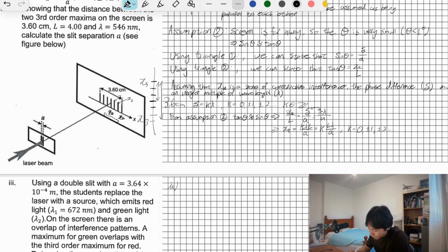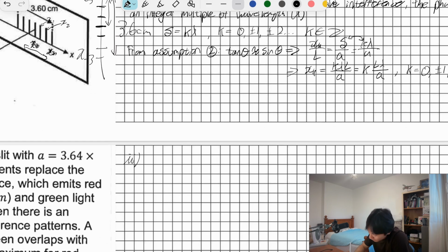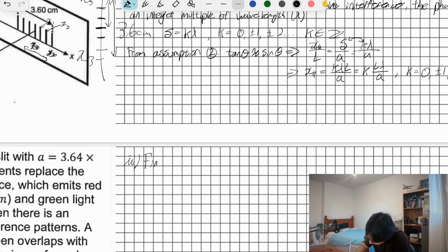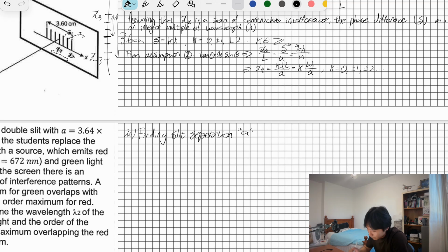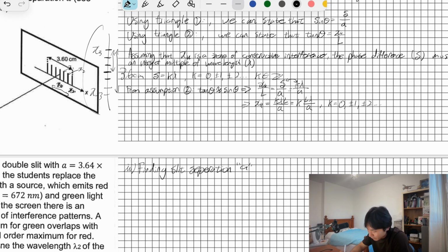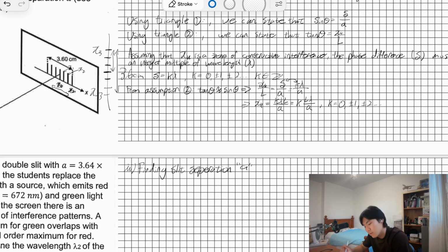So for question 2, we want to find the slit separation A. We want to put what we wrote here into words.